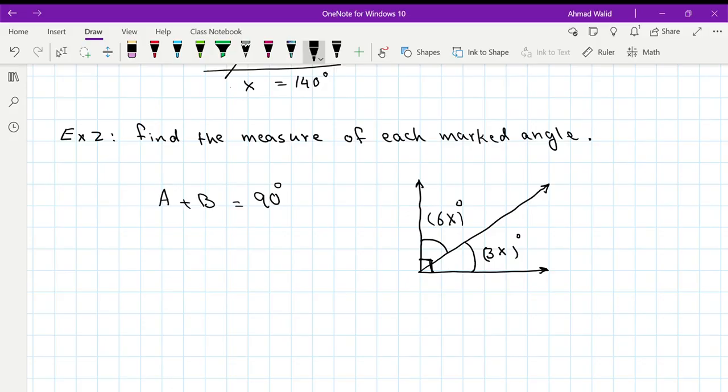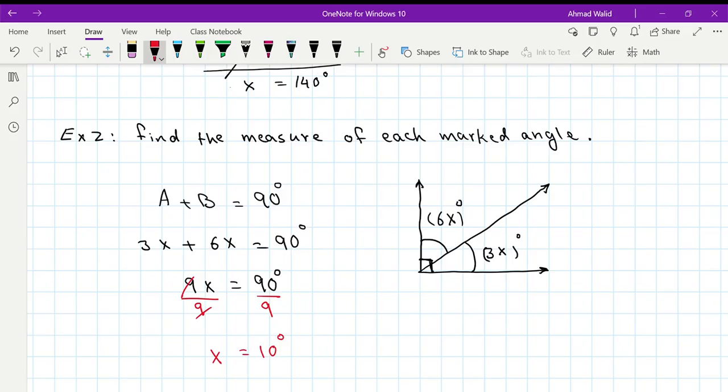My A is, for example, 3x. My B is 6x. 3x plus 6x gives you 9x equals 90 degrees. Divide both sides by 9, solving a linear equation. X equals 10 degrees.